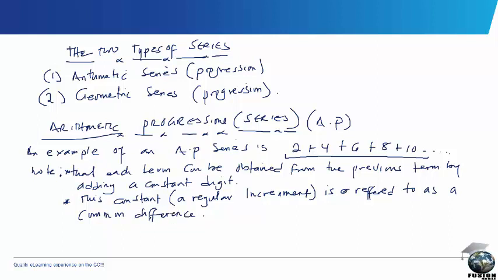Alright, and so we shall be solving with examples so that you can understand better. For example, if you're given an AP sequence, example 1, you have a sequence of 2, 5, 8, 11, 14, and so on.